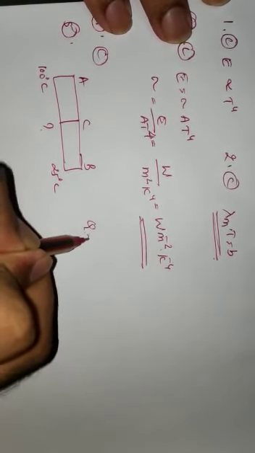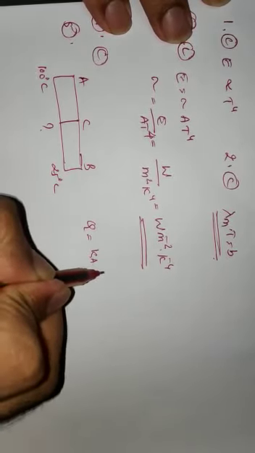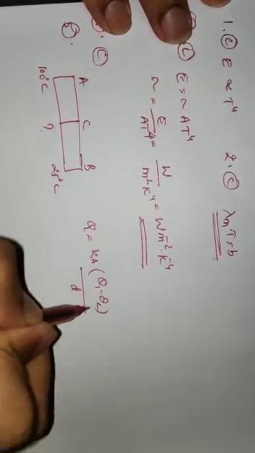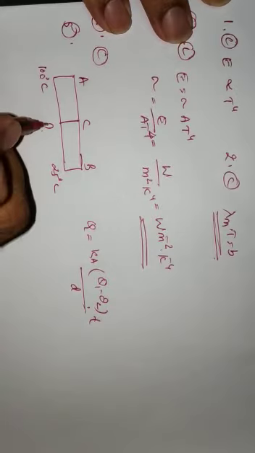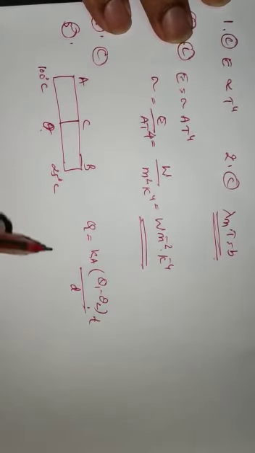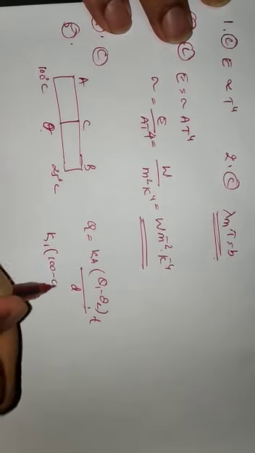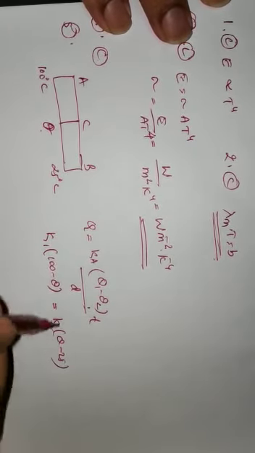You know the conduction formula: Q is equal to K into A into theta 1 minus theta 2 divided by d, into t. Let me take the temperature of the junction as theta. So I can say that K1 into (100 minus theta) is equal to K2 into (theta minus 25).